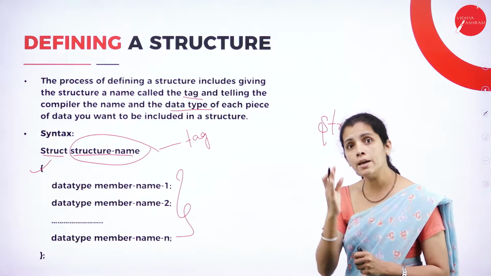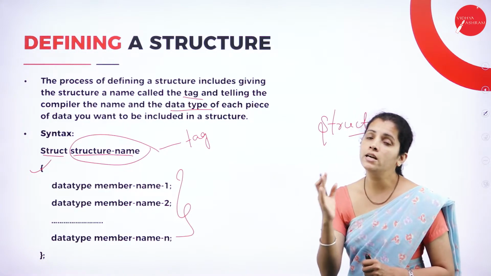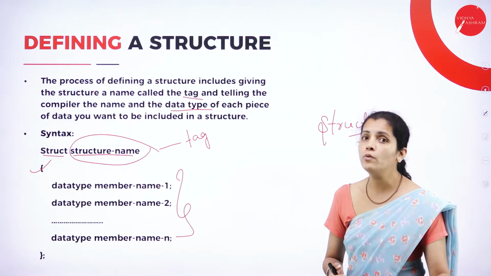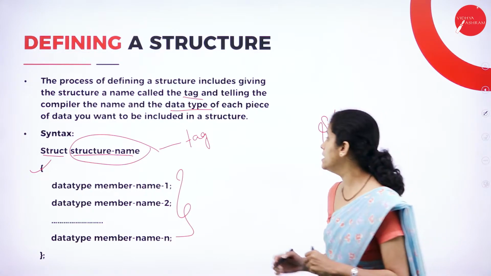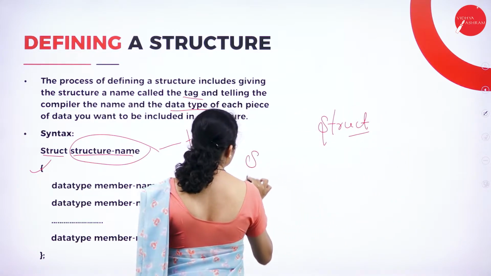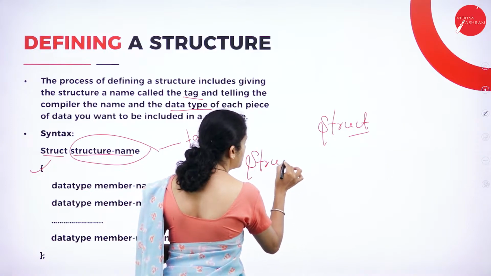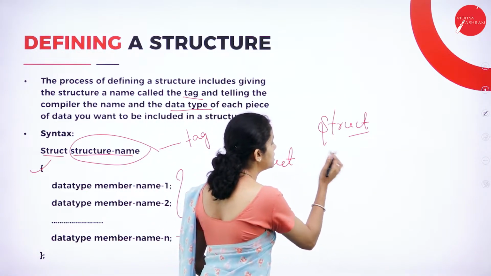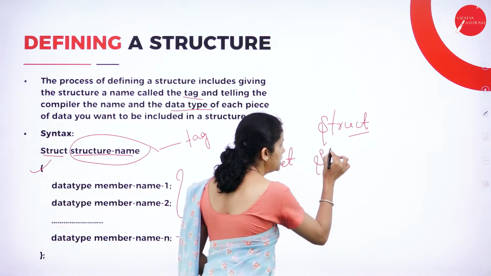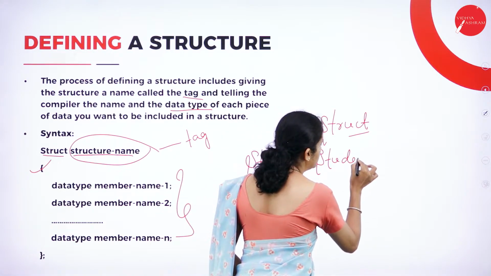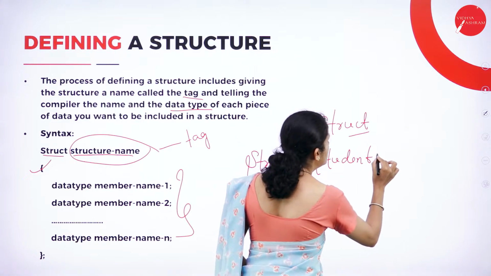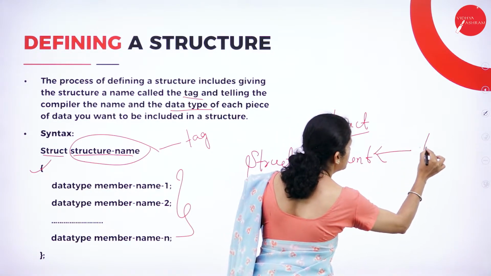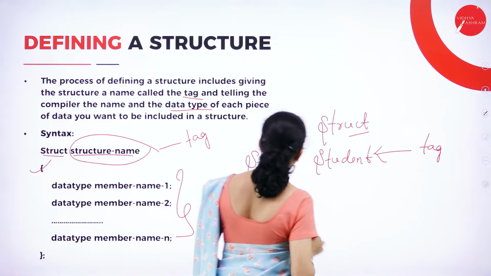The name of the structure here is student. At the beginning, I write the struct keyword and specify the structure name, student. So here student is the tag.